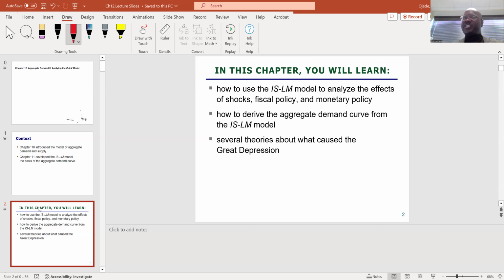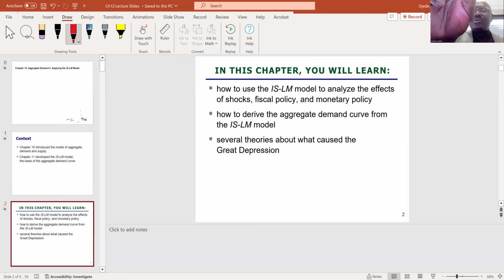Shocks can be fiscal policy shocks, monetary shocks, or some other exogenous shocks to aggregate demand, like shocks to the consumer sector. For example, U.S. consumer confidence always changes over time, and that is an exogenous shock to aggregate demand. Or business confidence could change. So we're going to talk about that.